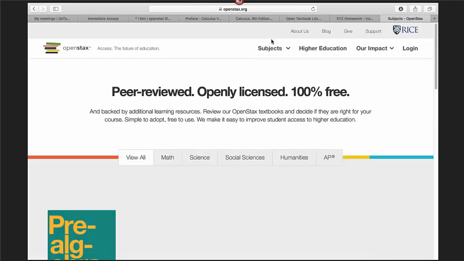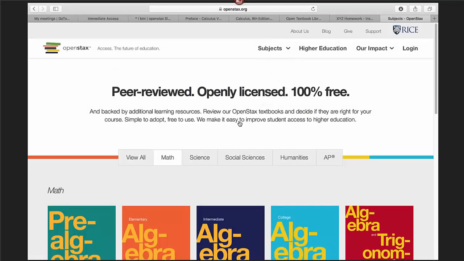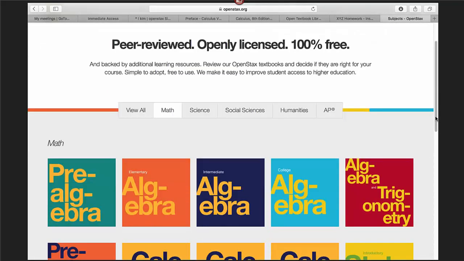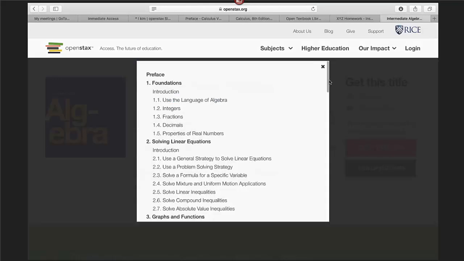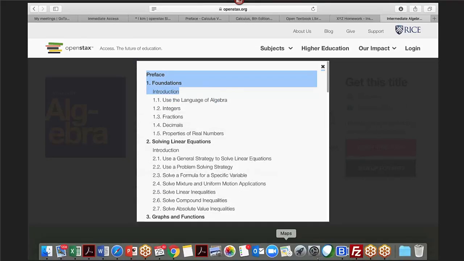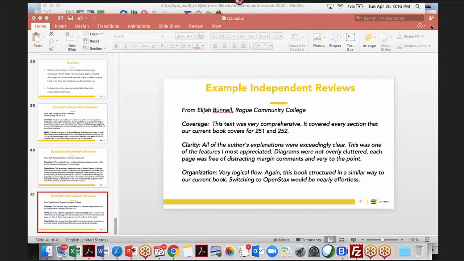I have a question regarding the intermediate algebra package. Sure. I just logged into my OpenStax account and took a look at the intermediate algebra textbook, and I am looking at the instructor resources, and when I clicked on the video, it says coming soon.